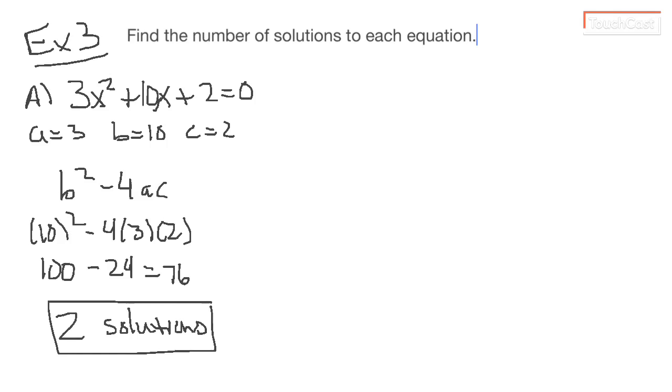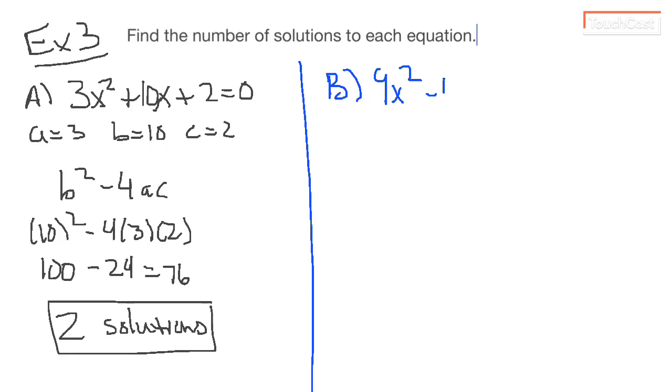Let's do part B here in blue, just so we can have a little variation. B is going to be 9x squared minus 6x plus 1 is equal to 0. So again, we need to know our a, b, and c. A is 9, b is negative 6, c is 1.